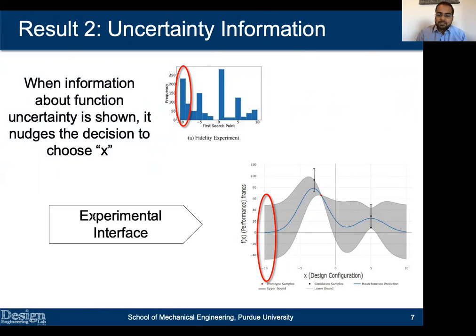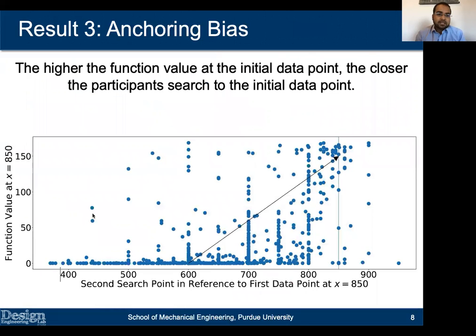We see that it's higher than the rest of the experiments. The other result that we see is anchoring bias, where we take an example of one experiment here. We have plotted the initial data point at x equal to 850 as a straight line, and then the corresponding value that they observe at x equal to 850 of the function. As that value gets higher, their decision to choose the next x moves closer to that initial data point, and that is a potential anchoring bias.